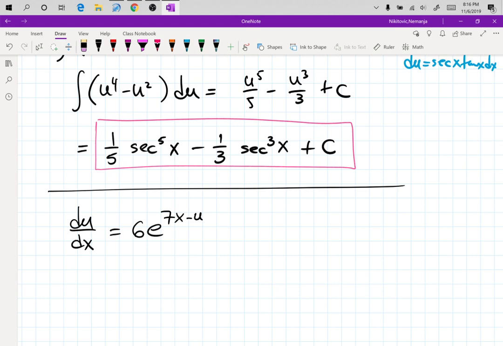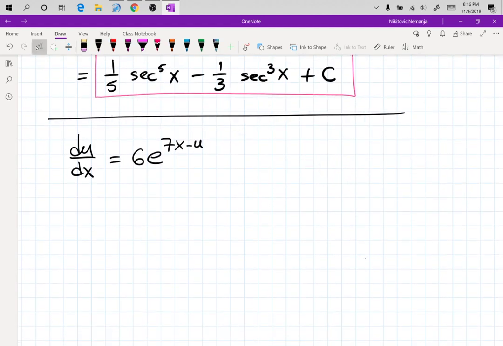Good, because if that was downstairs, it can't be done. But now it can. What does it mean when you have subtraction? It's just multiplication, 7x multiplied by a negative.